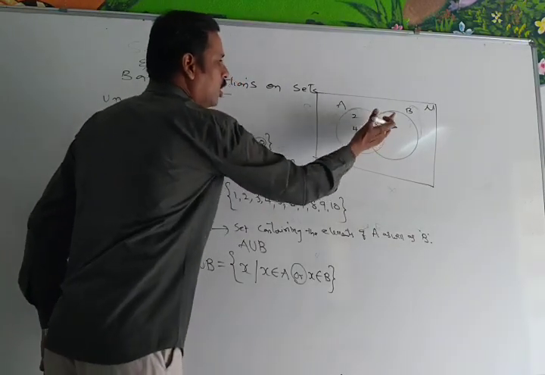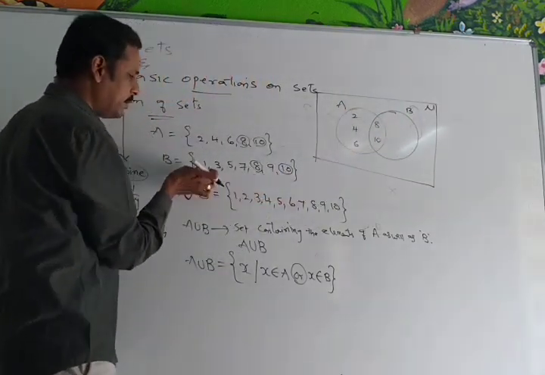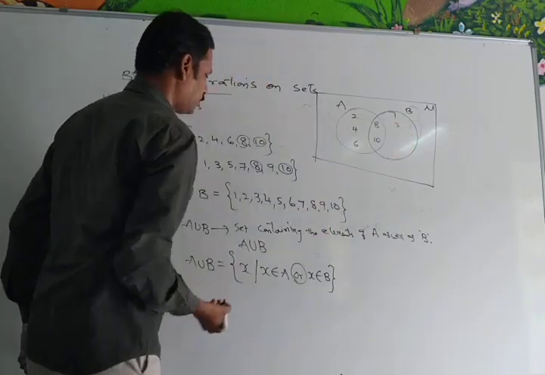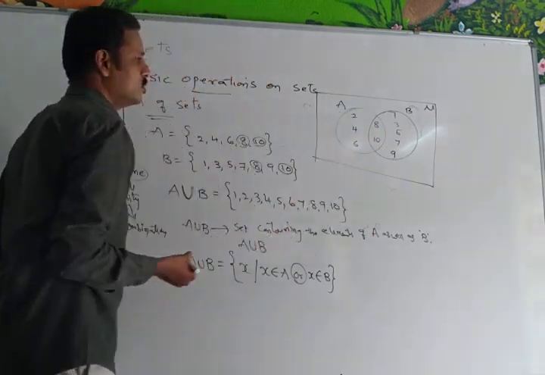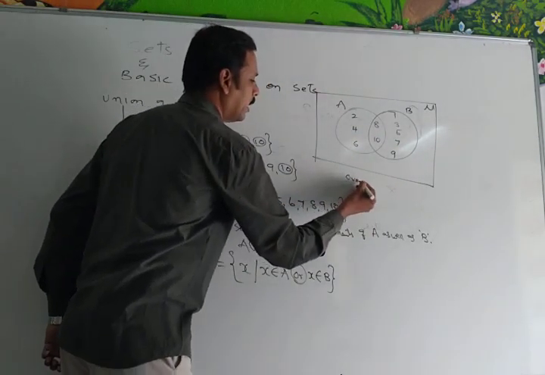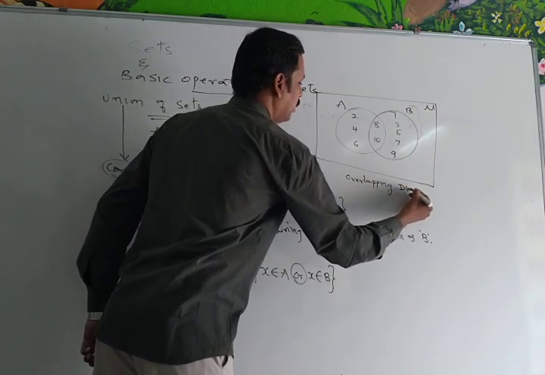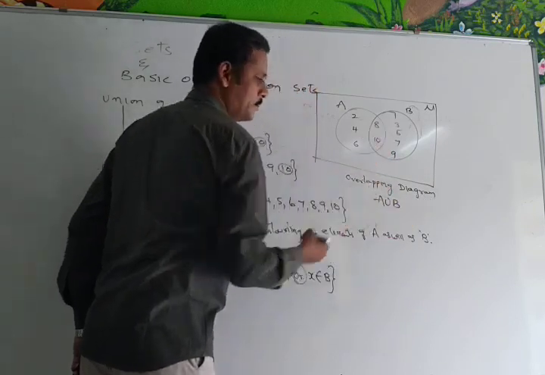So 8 and 10 belong to A as well as B. So the remaining elements can be written as 1, 3, 5, 7, 9. So this is the overlapping diagram, the Venn diagram for A union B.